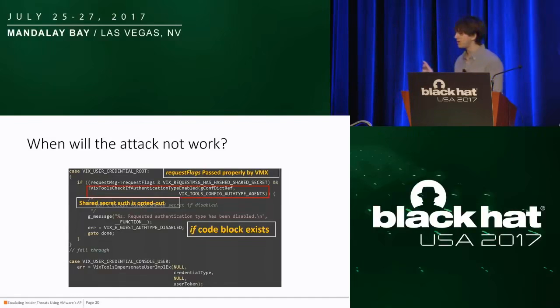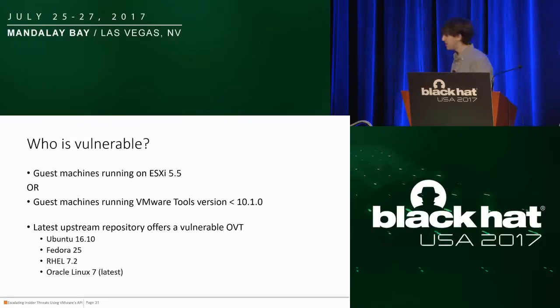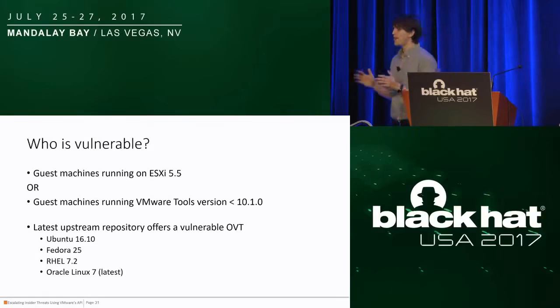And this was fixed only recently. Eventually, a virtual machine will be vulnerable in one of 2 cases: running on ESXi 5.5, or when running a VMtools version older than 10.1.